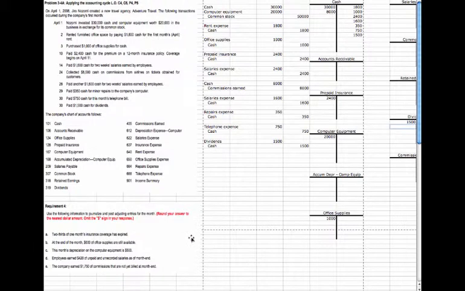If I look at my insurance coverage up here, it was $2,400 for a 12-month insurance policy. So if I take $2,400 divided by 12, I should recognize $200 per month in insurance. What it says here is that 2/3 of 1 month's insurance.